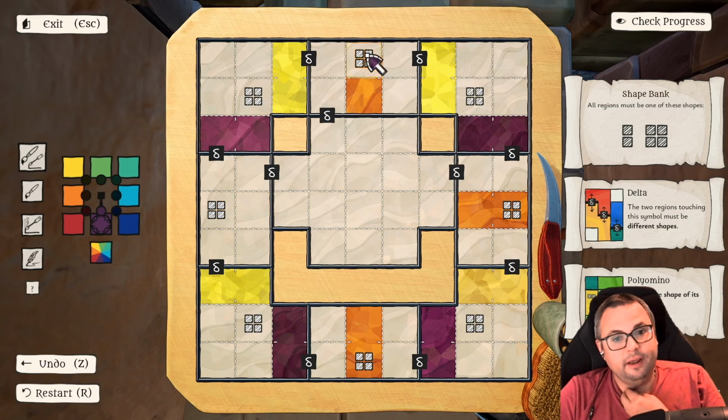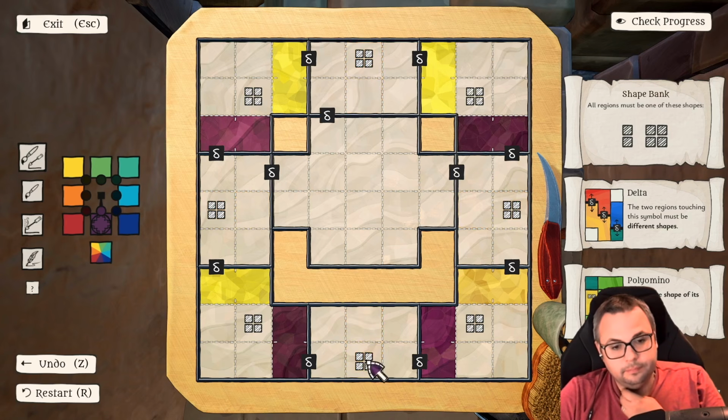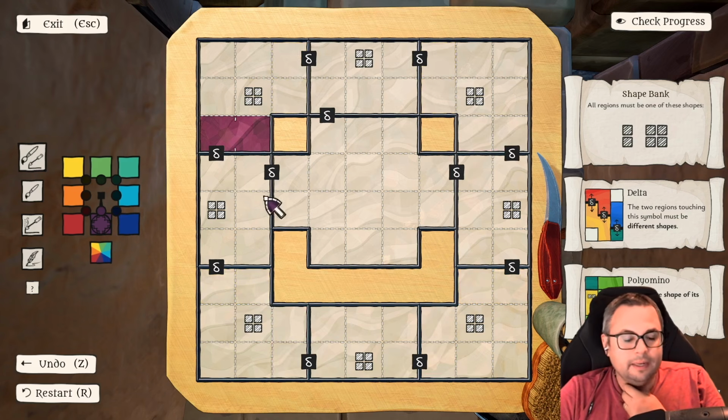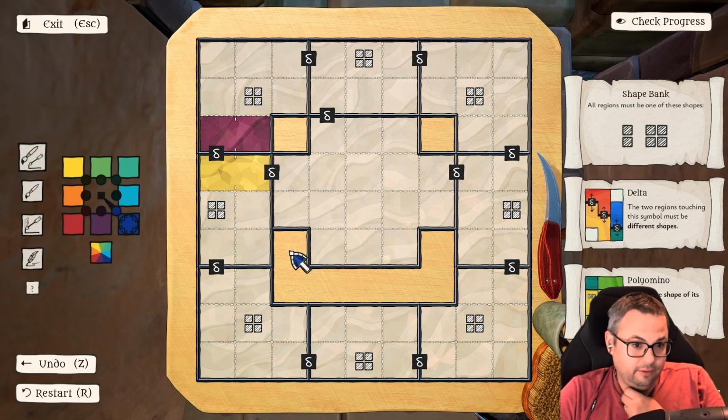Okay, maybe I need to not do my orange, and I need to more carefully think about what I do with my purple and yellow. And I need to just say, these two are connected, and these two are connected, and they're different.